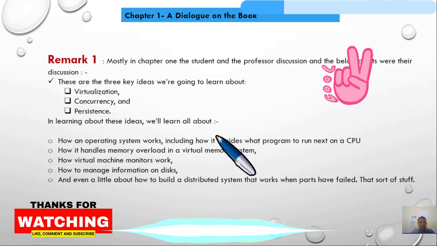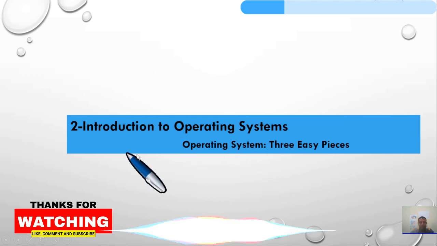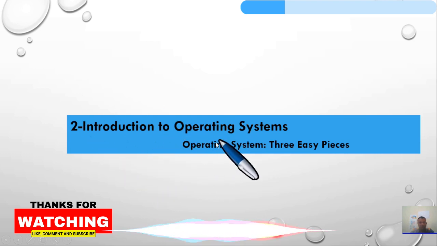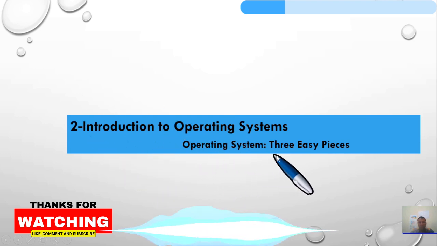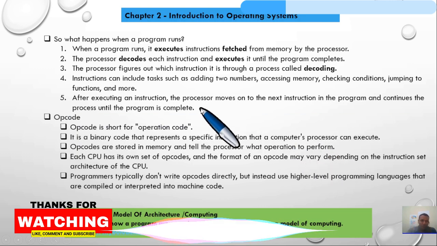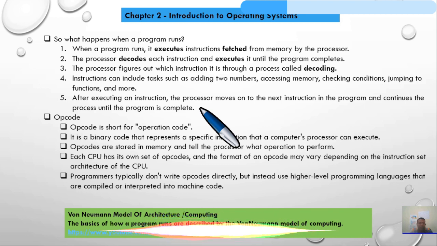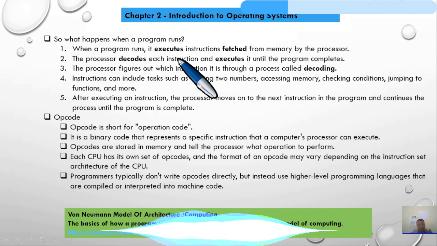So let's continue. Chapter 2 is an introduction to operating systems, three easy pieces. This chapter in general will be the introduction part. What is an operating system, how it does, what it works, and something like that. The first issue is what happens when a program runs.